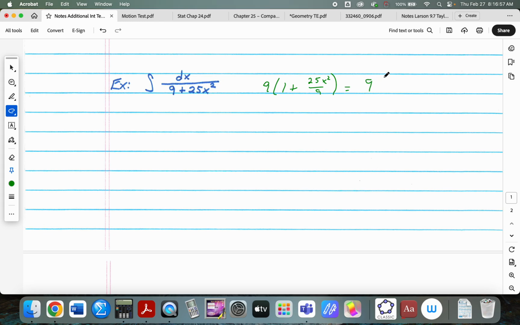Which is 9 times 1 plus, I want this to be something squared. What would it be? 5/3 x, right? Yeah, 5x over 3 squared.